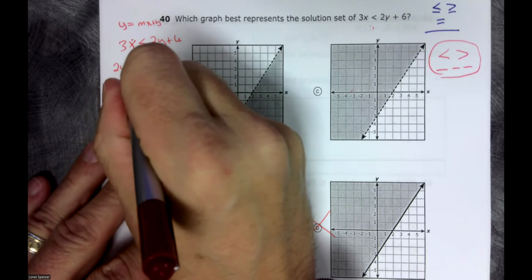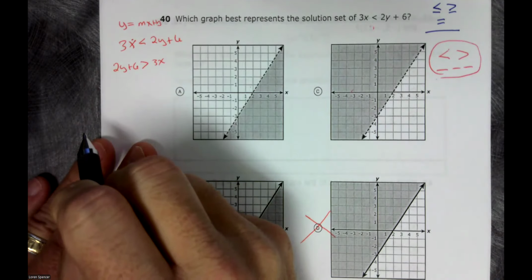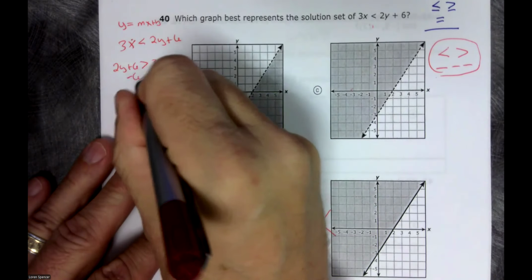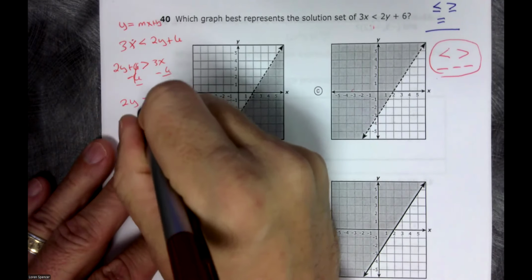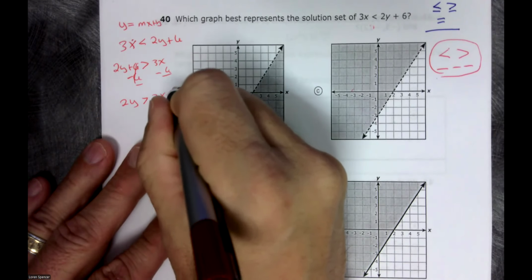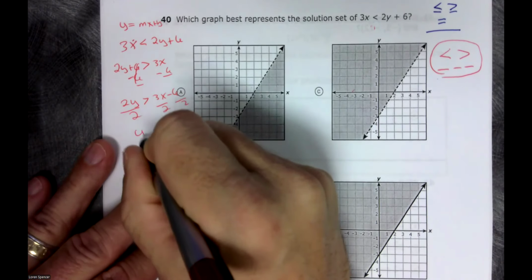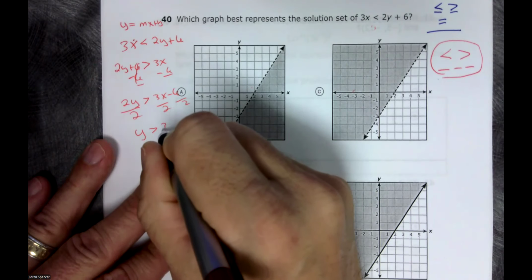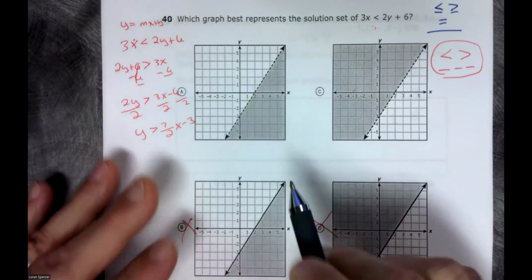I have 2y plus 6 is greater than 3x. Subtract 6 from both sides, and I have 2y is greater than 3x minus 6. I divide everything by 2, and I have y is greater than 3 halves x minus 3.